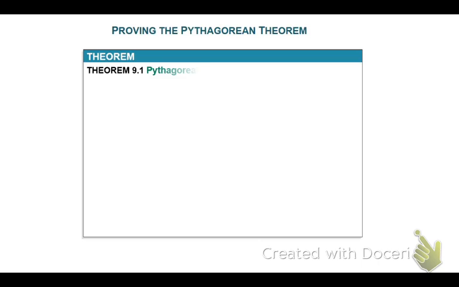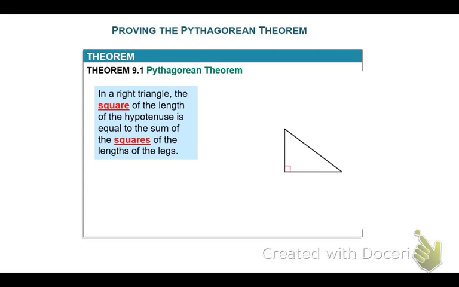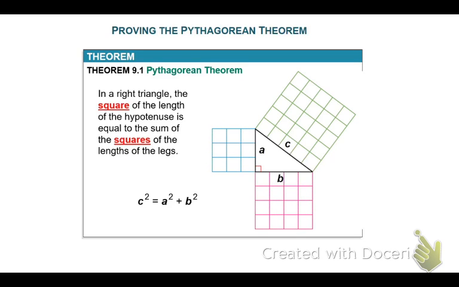All right, so proving the Pythagorean theorem, he had these little wooden squares, and he used them to form a right triangle like this. This is a classic a squared plus b squared equals c squared. So this is a and b. How many boxes are in the square of a? 9.